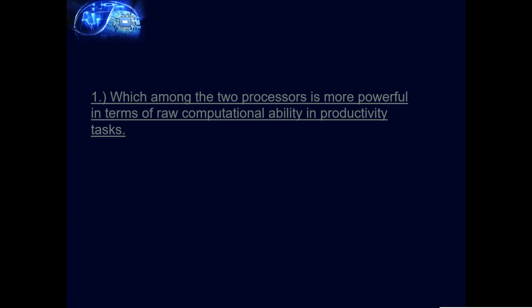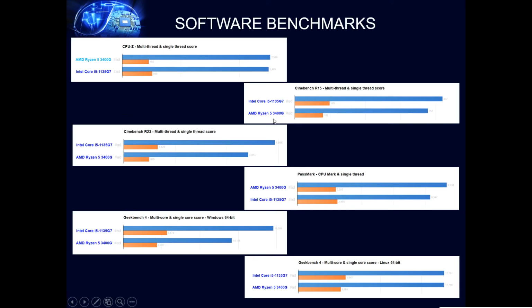I'm going to tackle first the question of which among the two processors is more powerful in terms of raw computational ability and productivity tasks. Here I can say that it is Intel, Intel, Intel, Ryzen, Intel, Intel.